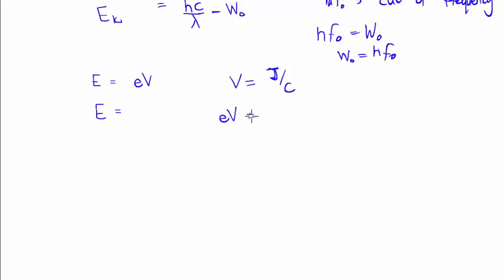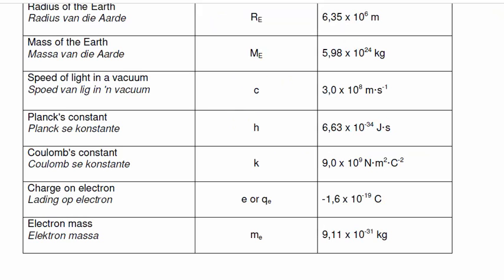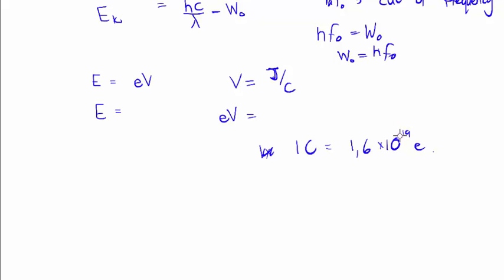So you'll see that it is simply taking the number of electrons in a coulomb. If I know what volts is, that's per coulomb. But a coulomb is 1.6 times 10 to the power of 19 electrons. Okay, did I do that correctly? So I'm lying.